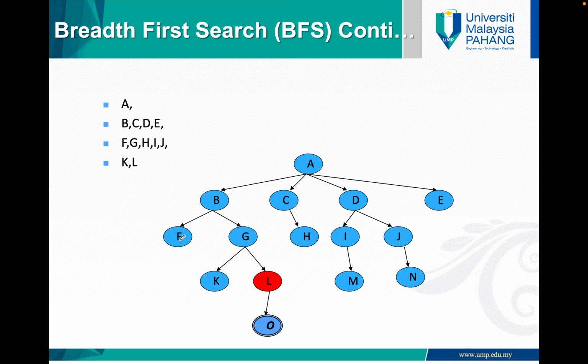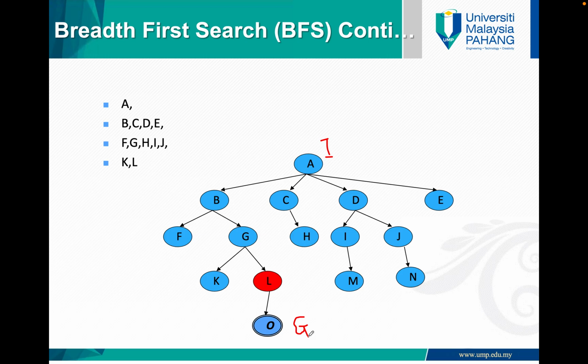From the question, we want to know the path to go to O. This is our goal state, and this is our initial state.